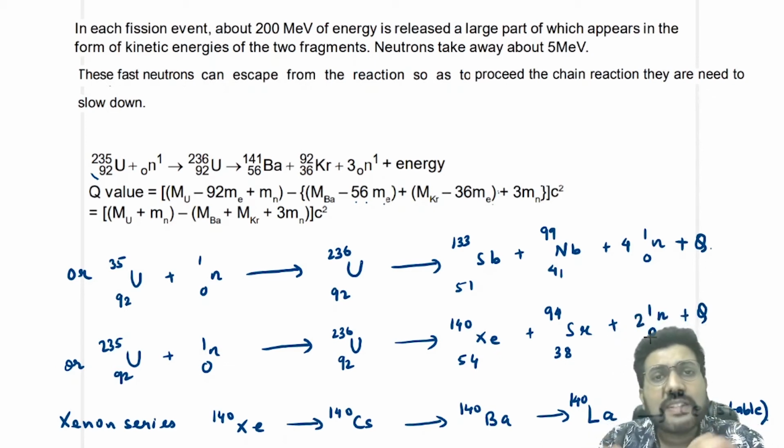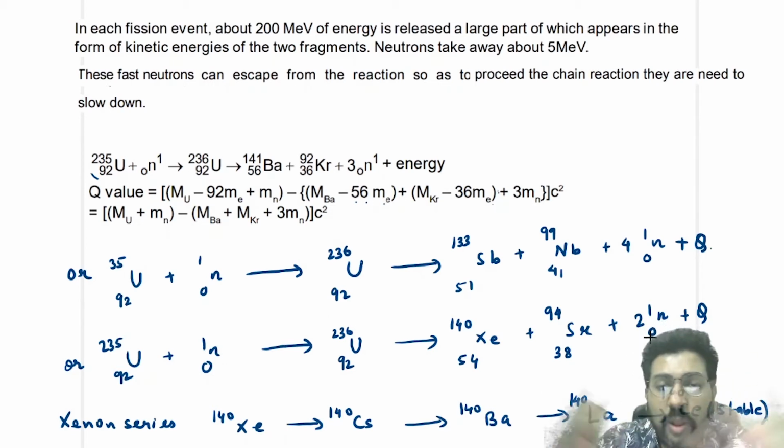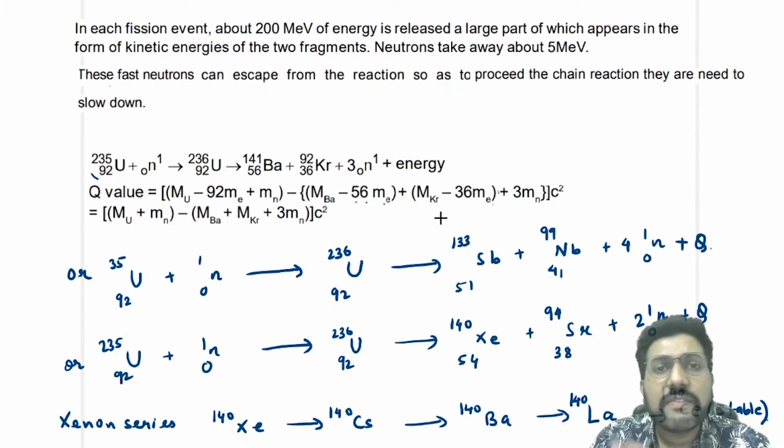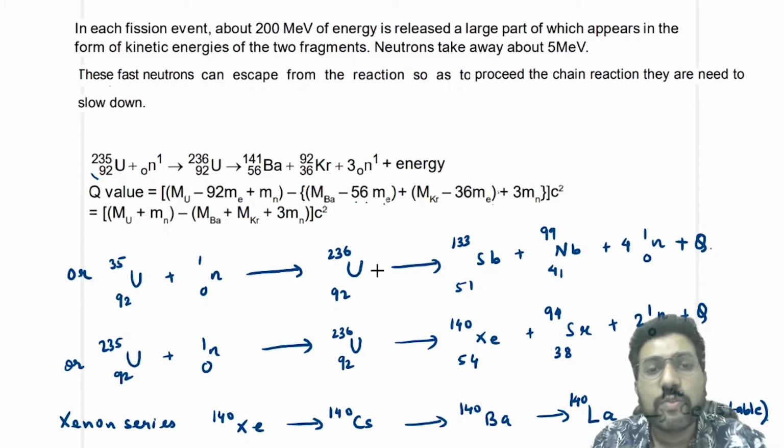So that is why we say that after so many reactions that are taking place, I have written only 3. There can be hundreds of reactions that are taking place. I have written only 3 here. But on an average, we will say that out of all the reactions that we have seen, 2.5 neutrons are released per fission. So one fission will give you approximately 2.5 neutrons, new neutrons.